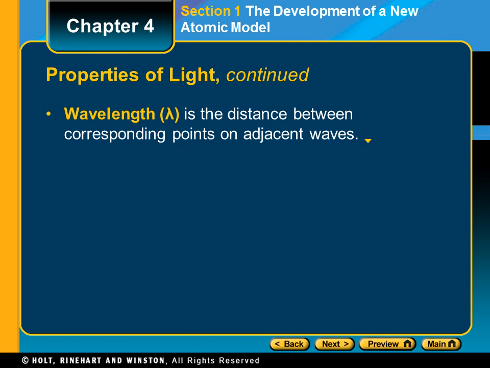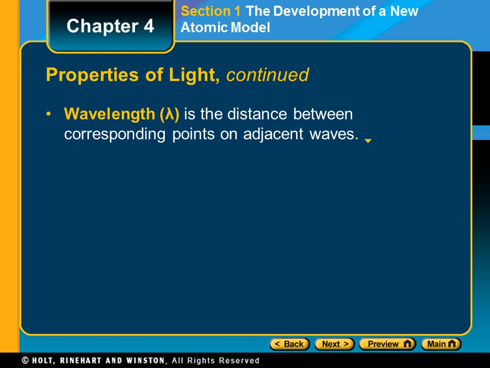Wavelength is lambda. That symbol there is the Greek letter lambda. And wavelength is the distance between corresponding points on adjacent waves. Usually we're going to measure that distance from crest to crest. You could also measure it from trough to trough. It would be the same number.